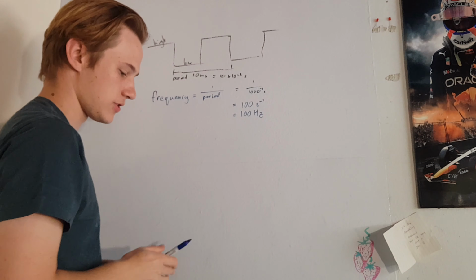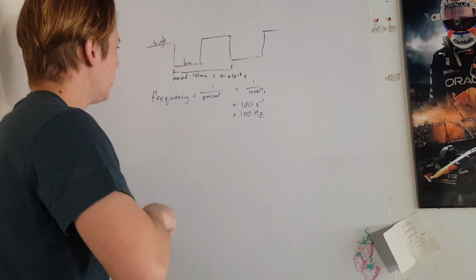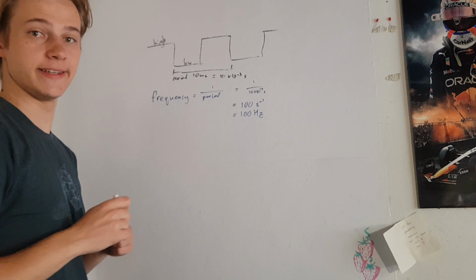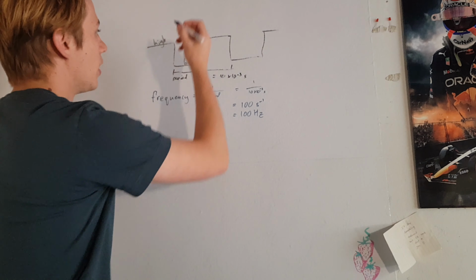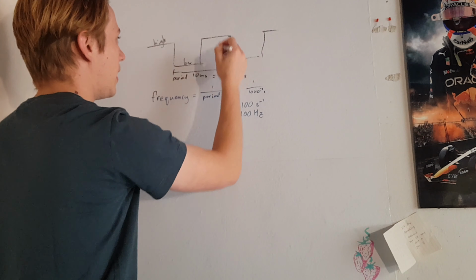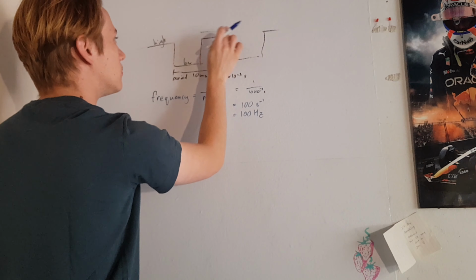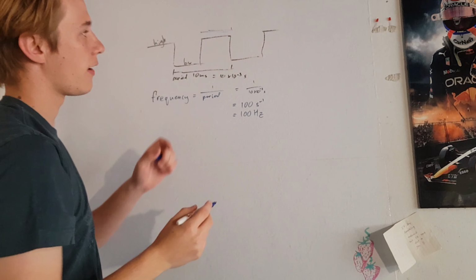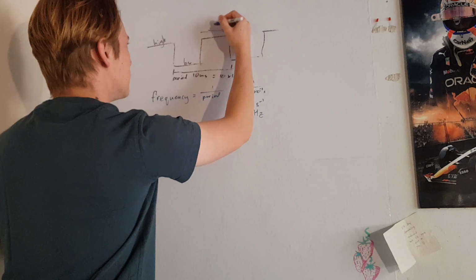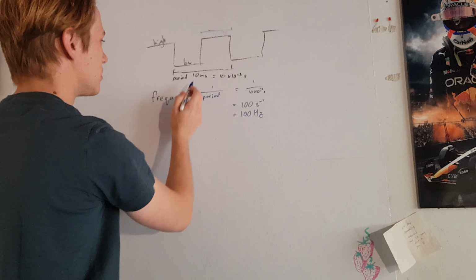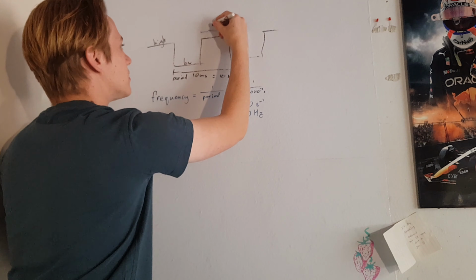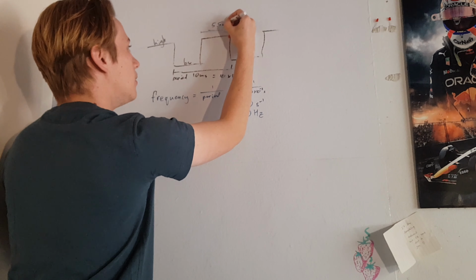Okay, so now that we've got the frequency, the duty cycle percentage is the percentage of the total period that is taken up by the on time. So let's say, since our period is 10 milliseconds, that the on time is 5.5 milliseconds.